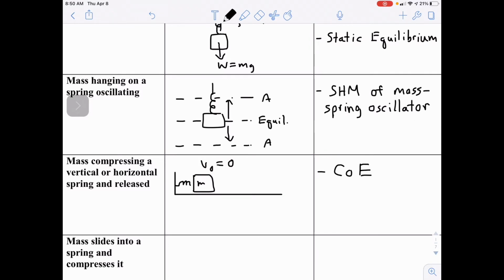So for instance, when we compress the spring, we have spring energy stored up in that compressed spring because the spring wants to do work to restore itself back to equilibrium. Once the mass is flying, it now has kinetic energy. Since there are two changes in energy, we can use the law of conservation of energy to analyze the problem.